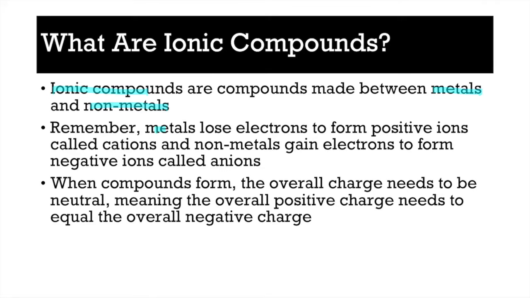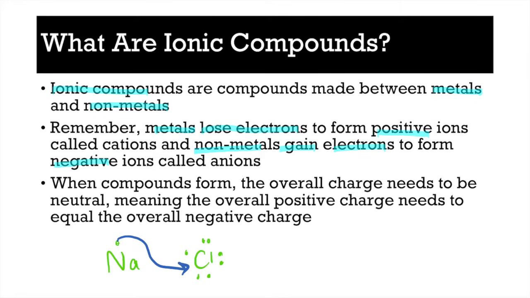And so basically, the metal will lose an electron to form that positive ion, and a nonmetal will gain that electron and become negative. Positive and negative stick together. So if we have, let's say, Na and Cl, this electron will go over there.